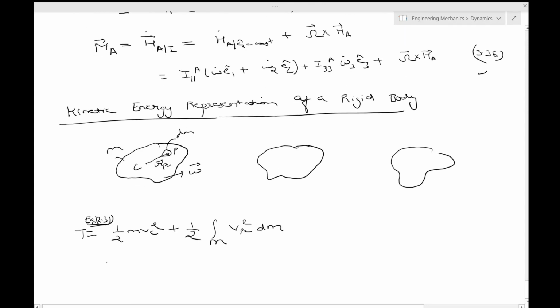Once this is done, I'll write it as half m vc square plus half integral of omega cross rpc dot vpc dm. Here this term is the vpc vector.